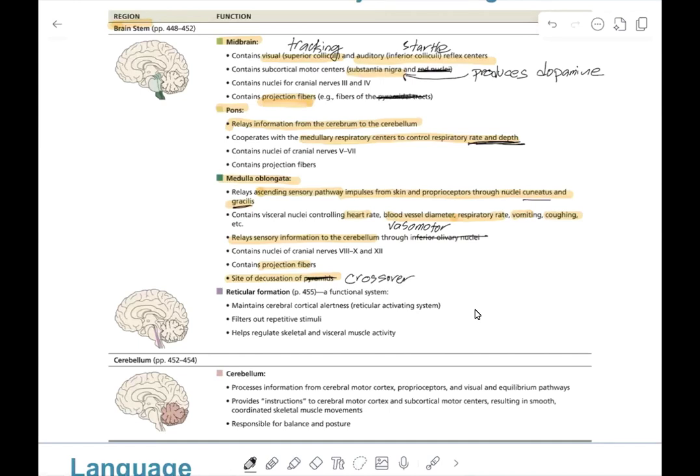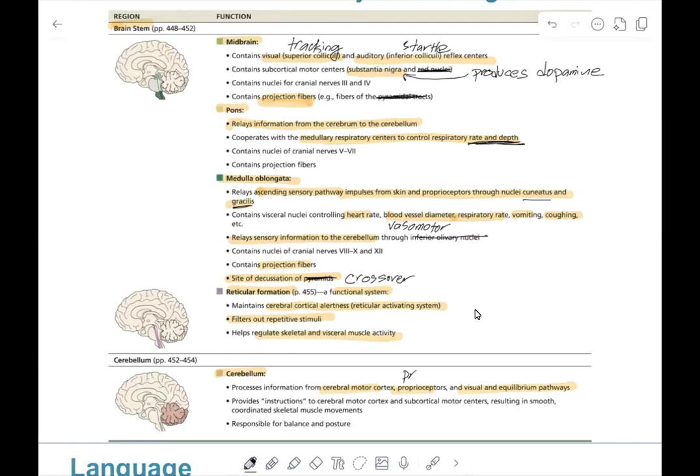Then finally, the reticular formation, which is a functional system, is going to maintain that the cerebral cortex is alert, filters out repetitive stimuli, and helps to regulate skeletal and muscle activity. And then finally, the cerebellum processes information from the cerebral motor cortex, the proprioceptors, and visual and equilibrium.